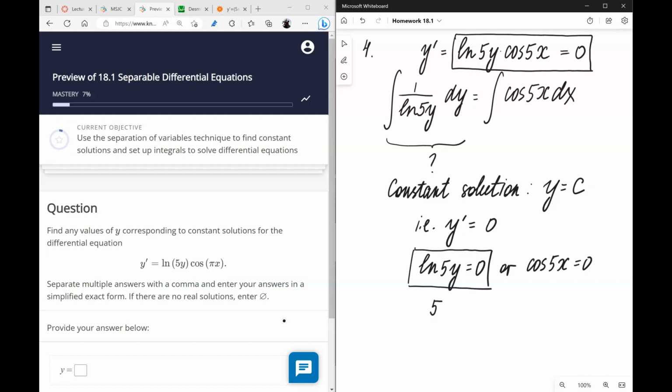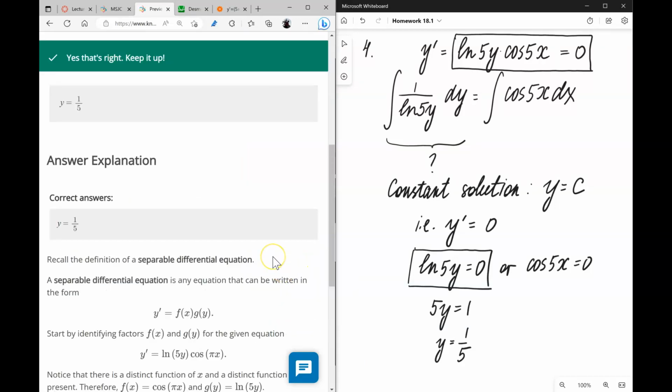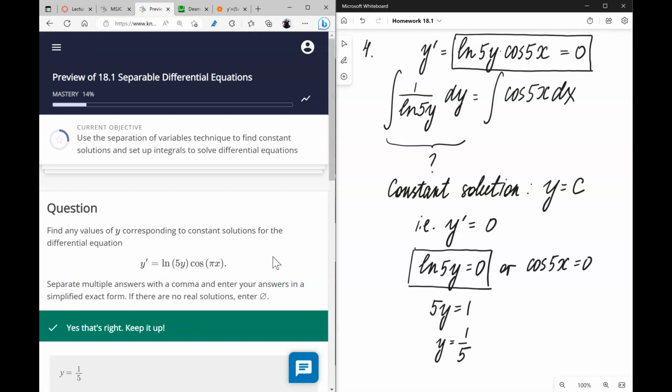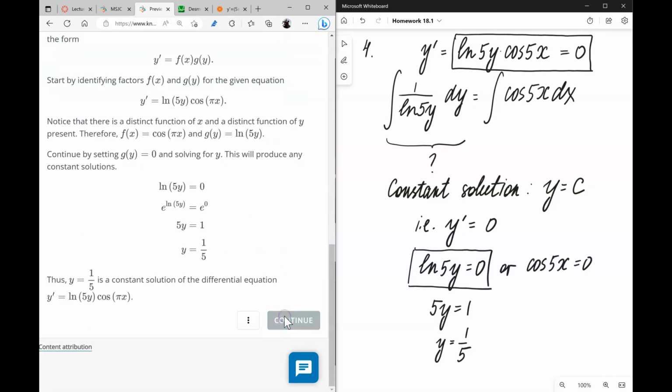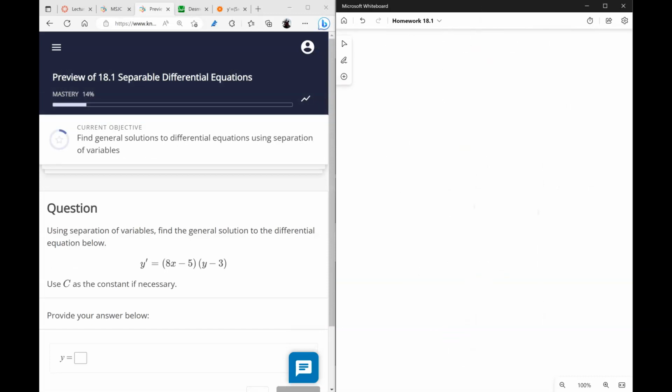So ln of 5y is equal to 0 only if 5y is equal to 1, which is only the case if y is equal to 1/5. So here I'm just going to type 1/5. So just make sure you read the problem carefully and make full sense of the question.